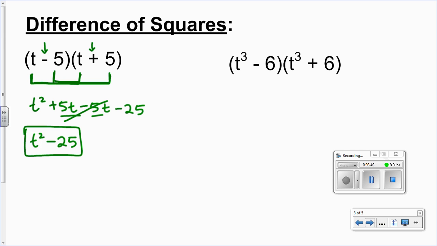So it seems a little weird because you have t cubed, but we're going to still solve it the same way. So t cubed times t cubed. Well, add 3 plus 3, so you get t to the 6th. Then your outer would be plus 6t cubed.